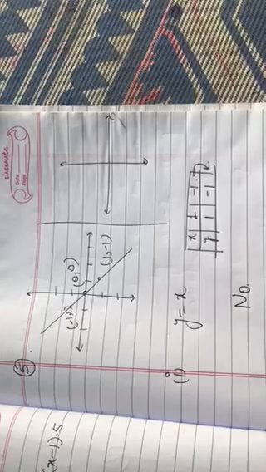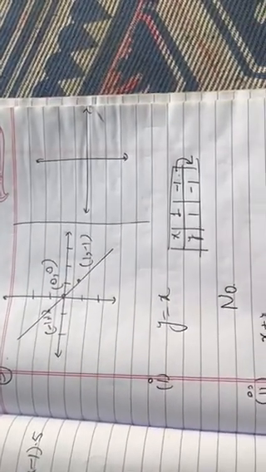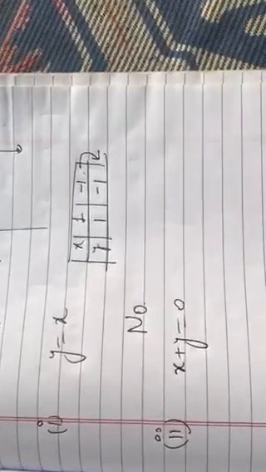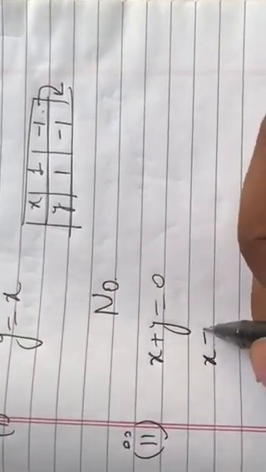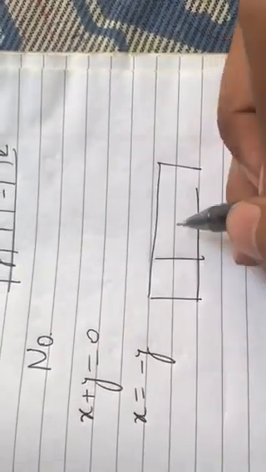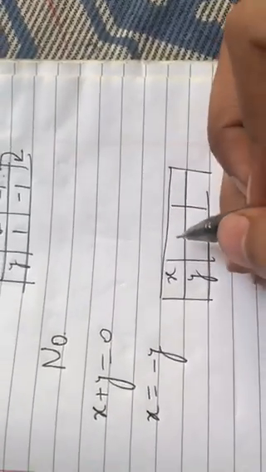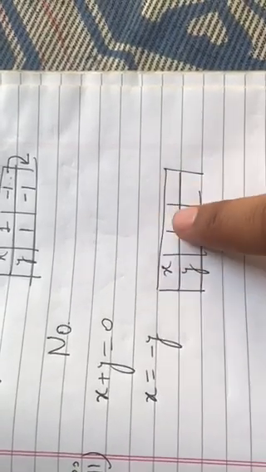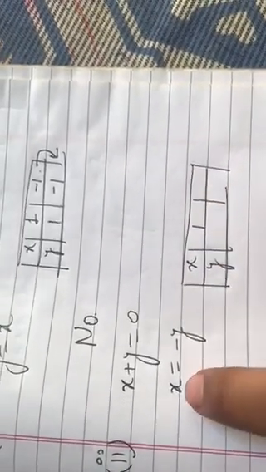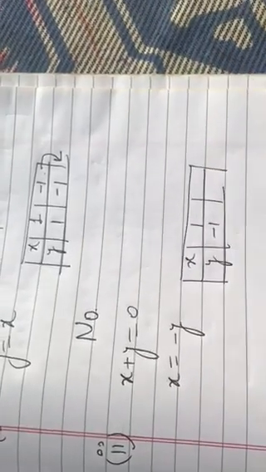Second option for the first figure: x + y = 0. This means what, x = -y, right. So we draw, if we take 1 as the value of x, you will get y = -1, right.